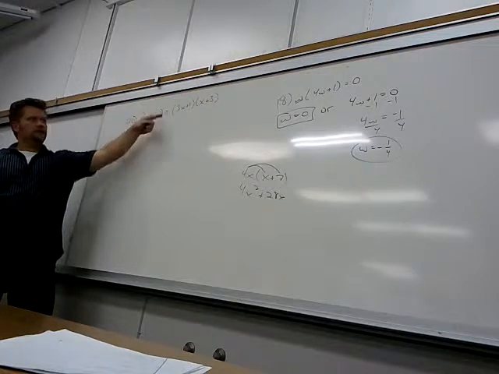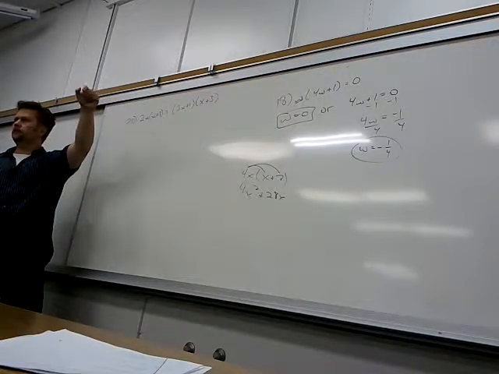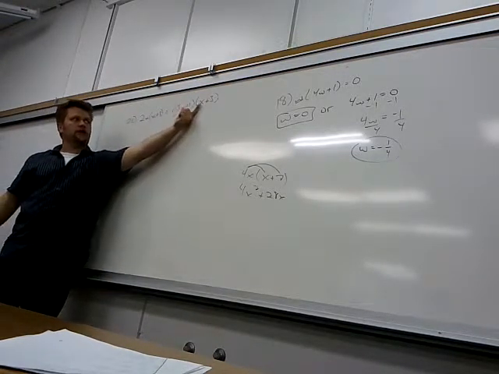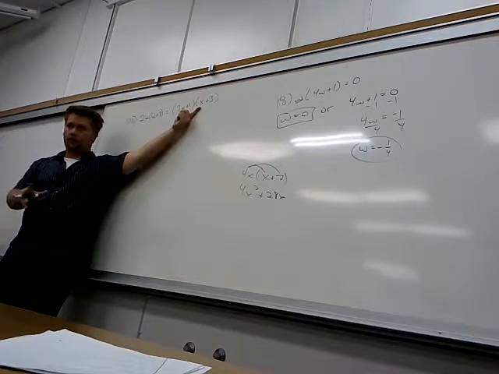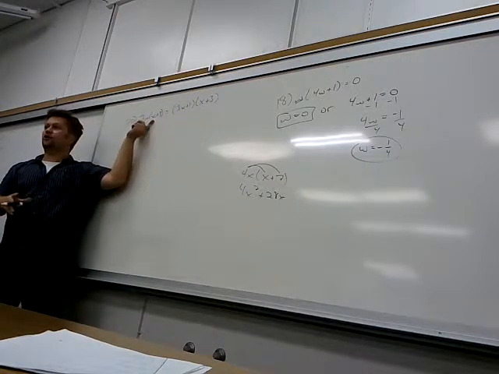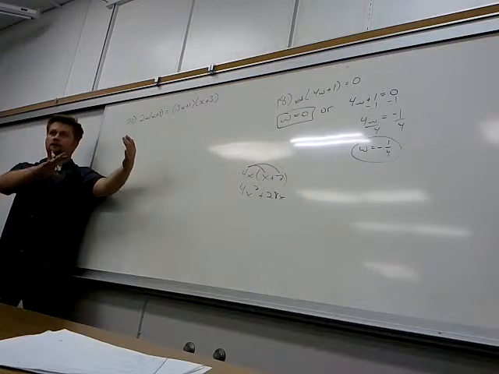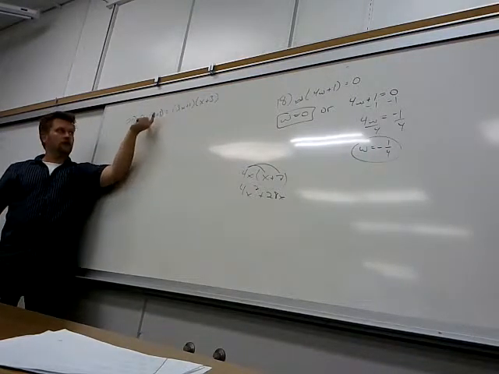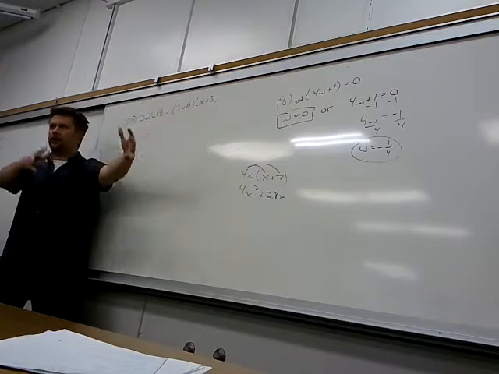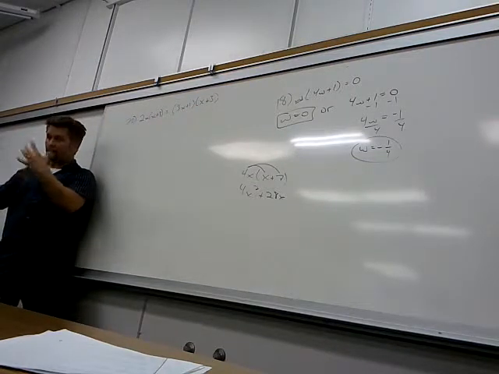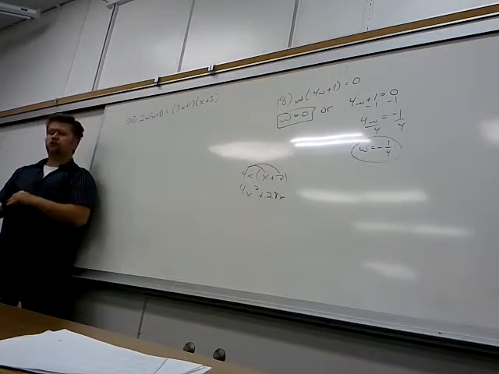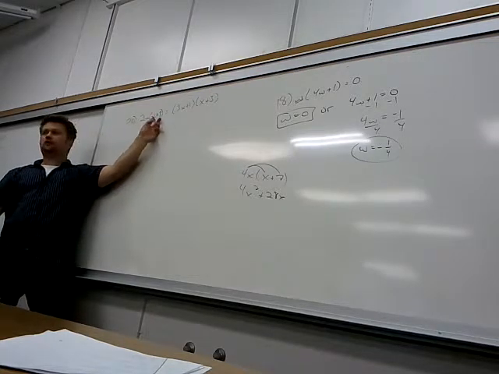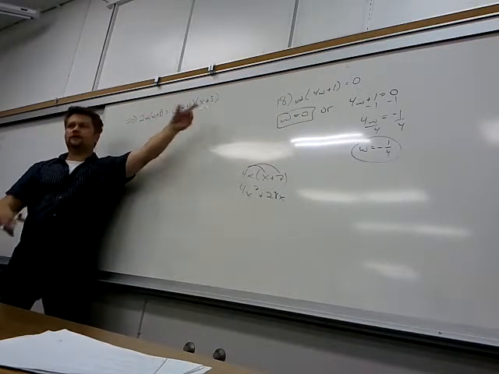Do I want to distribute this stuff through? What do I want to do eventually? I want to have 0 here. And then what do I want to do with the stuff over here? Factor it. If I just pull this over the way it is now, isn't there going to be something common to both that I can pull out? That would be a factoring step, right? So it would still work if you multiply this out and bring it over.